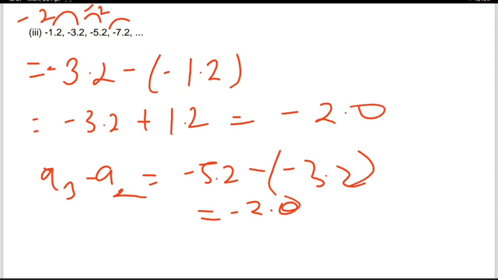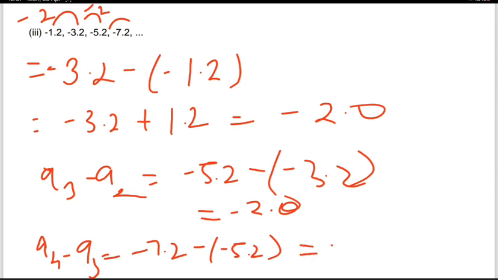Then let's see a4 minus a3, and then we can conclude it is an AP. a4 minus a3 is minus 7.2 minus of minus 5.2, and again you get minus 2.0. So this forms an AP, and they ask us to find the common difference and write three more terms.